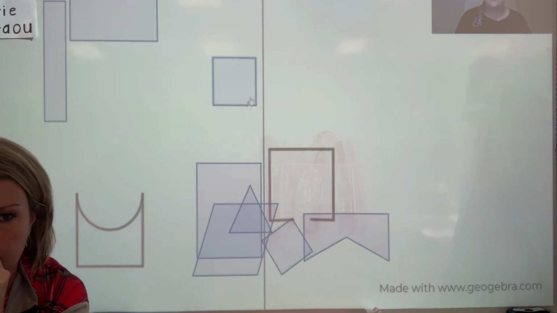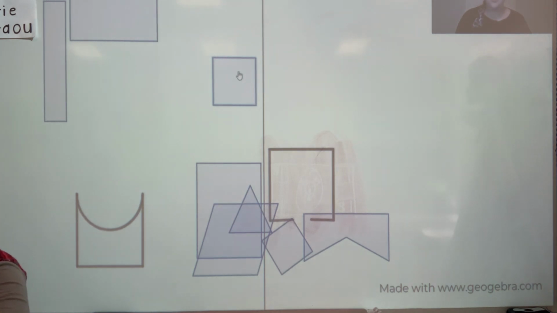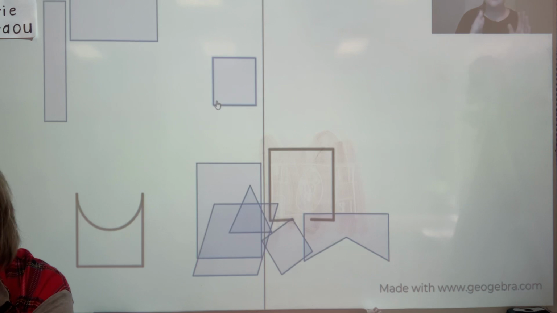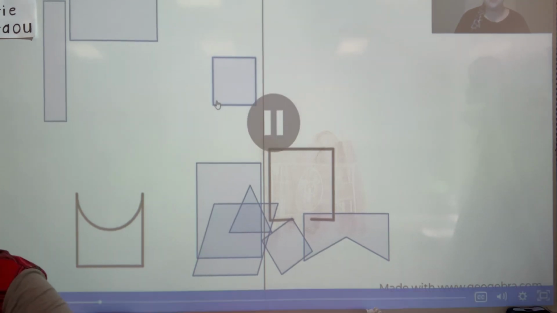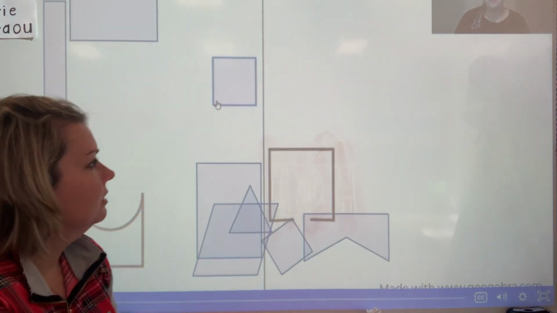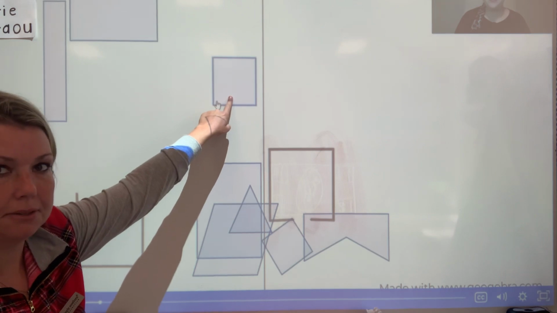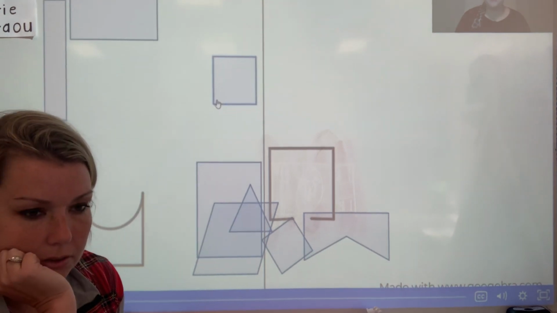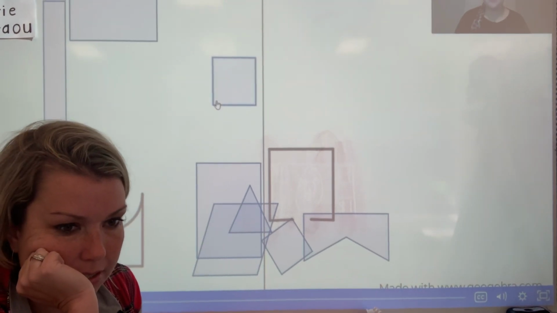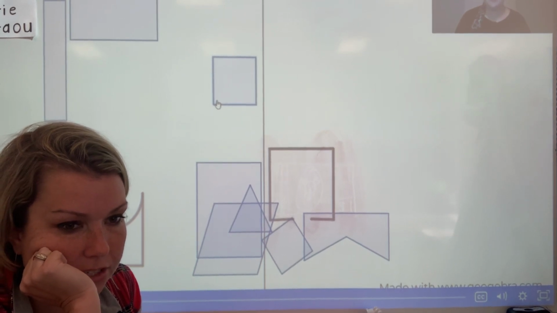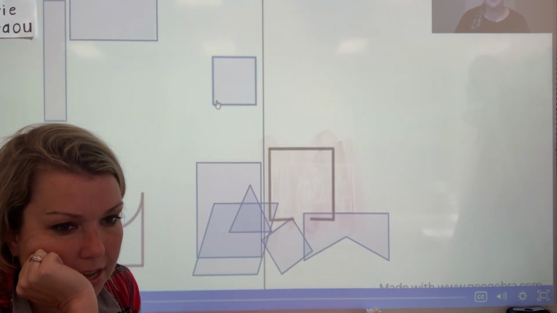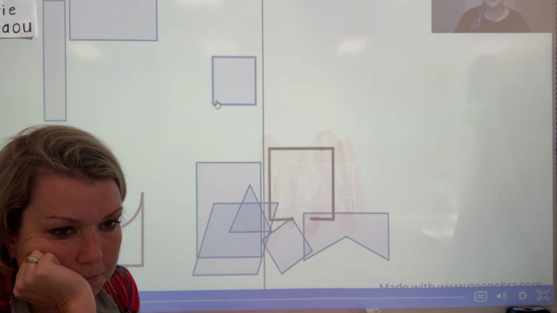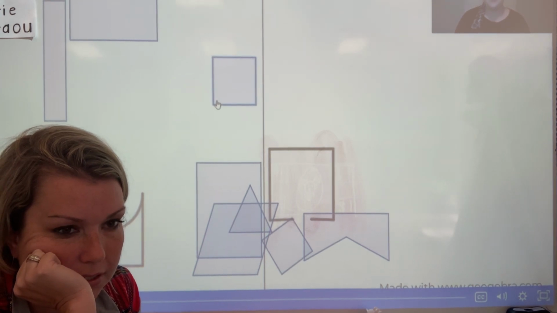What about this shape? What do you notice about that shape? Okay, look at this shape here. What do you notice about this shape? Raise your hand and tell me. What do we notice?